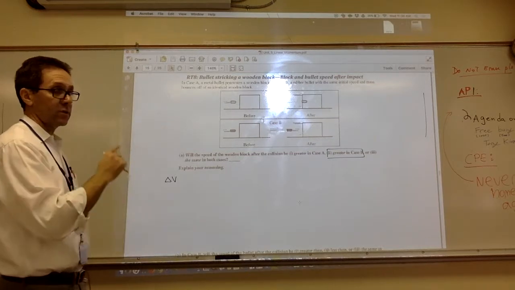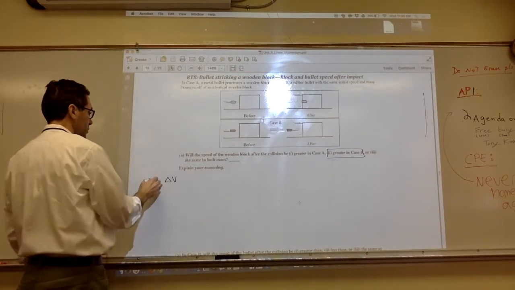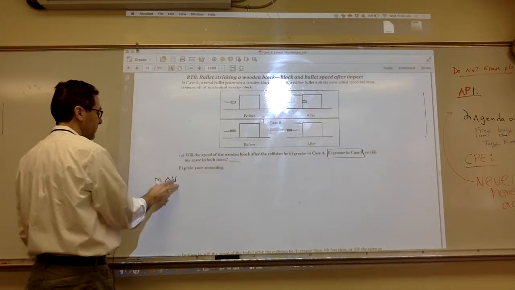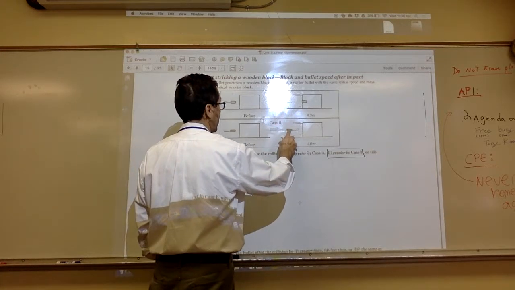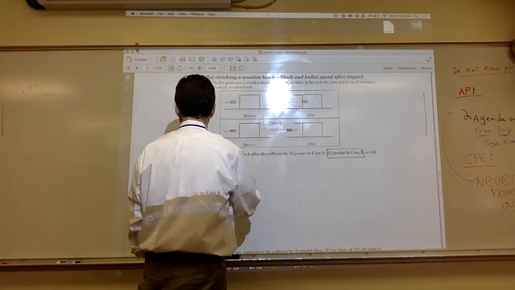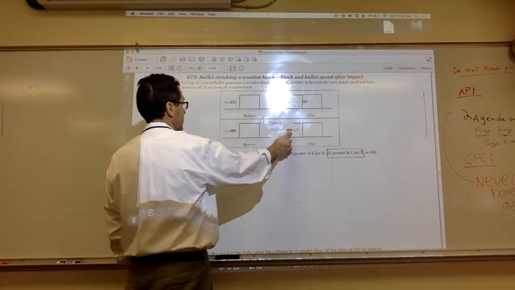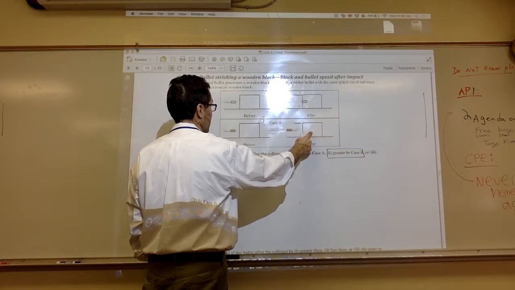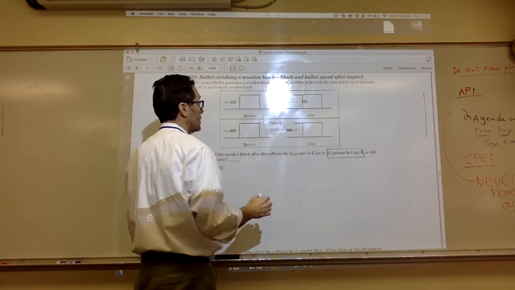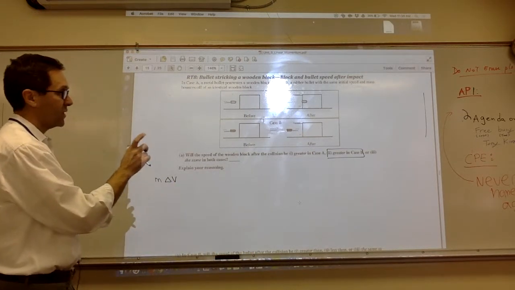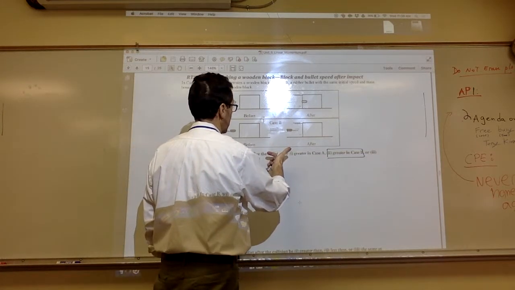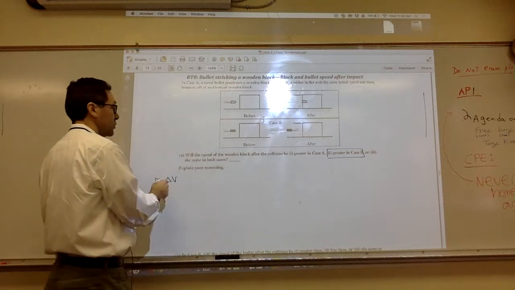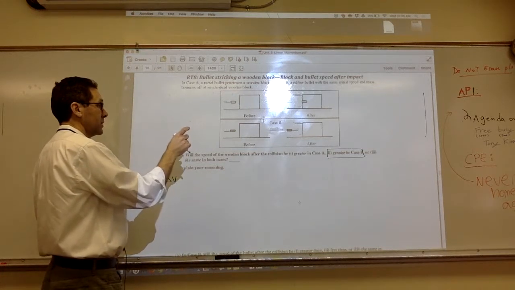Because it changes direction. So it's a bigger change in velocity, which means the m delta v for the bullet, which is the impulse, is greater in case B, which means the impulse delivered to the block is greater because they have to experience the same impulse. It's just that one is going one way, the other one is going the opposite way. So they're going to have to experience the same impulse.